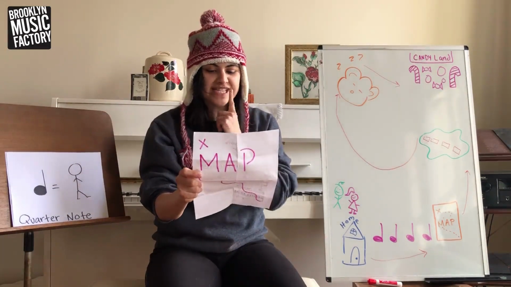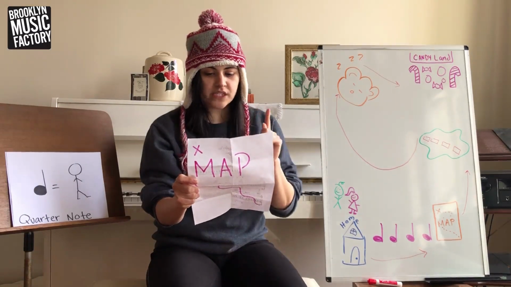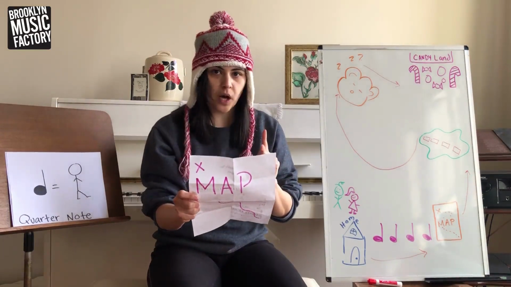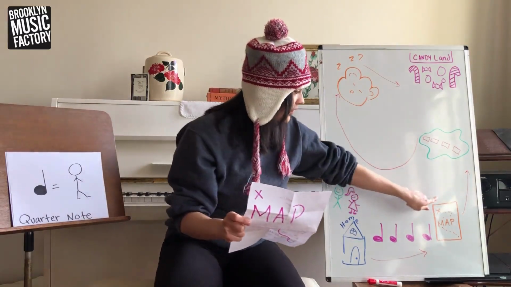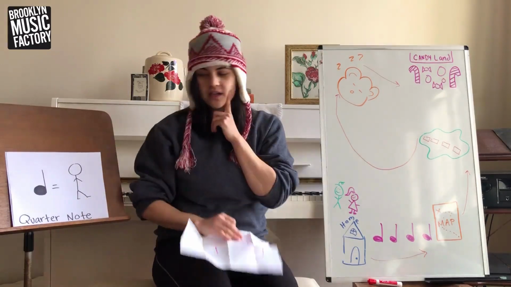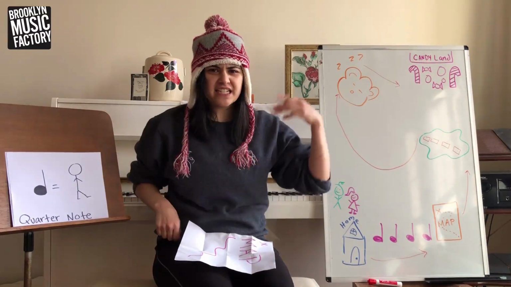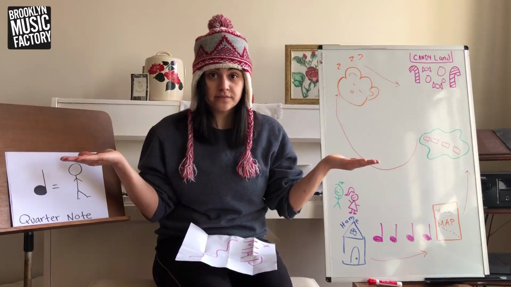So according to this map, it says that we need to go to the green swamp and cross it. Do you guys see the green swamp? I do too. So it looks like we gotta go from here to here. Do you think, if we're still taking a walk, is that gonna take 4 walks or 8 walks?